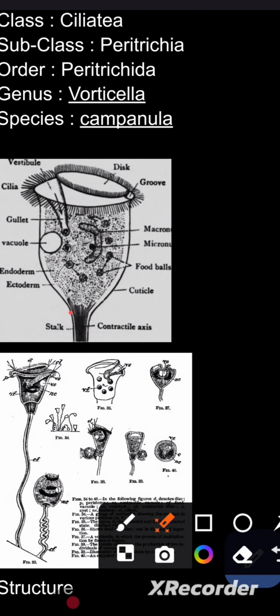the basal disc is located at the tip or end of the stalk.